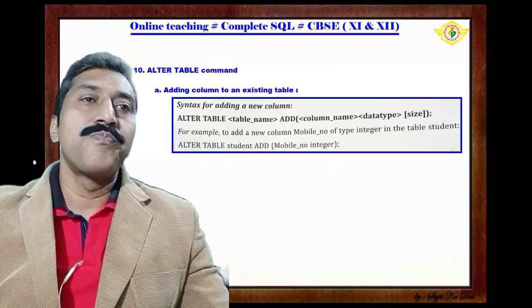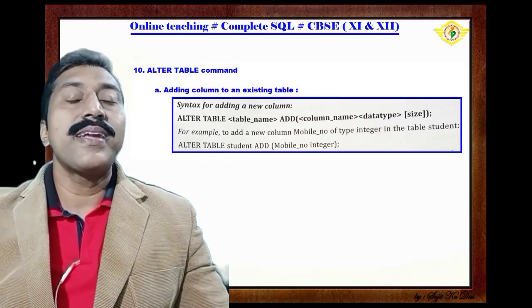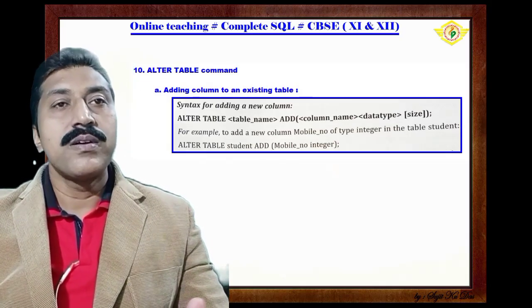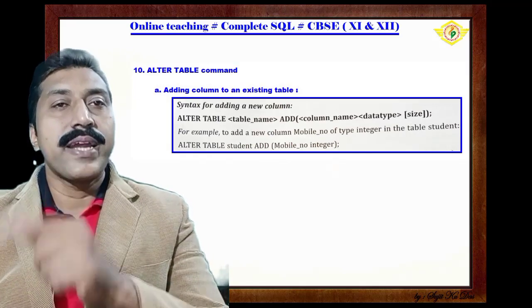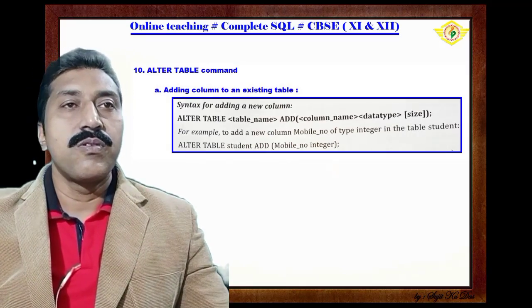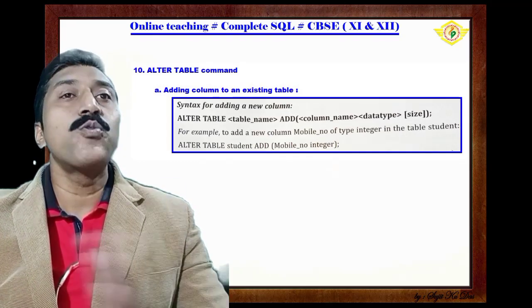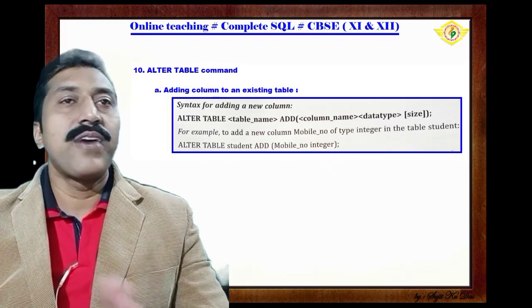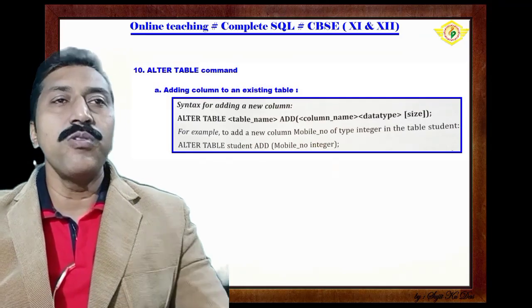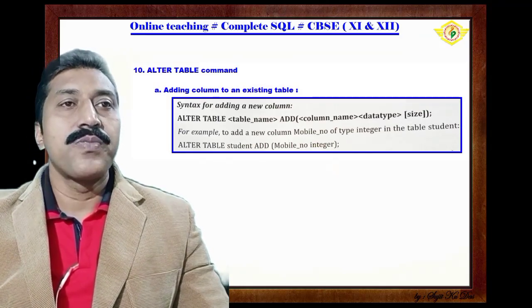Example: ALTER TABLE student ADD mobile_number INTEGER; This is adding a column to an existing table. Already 5 columns are there, one more column I want to add. In this way we can do.